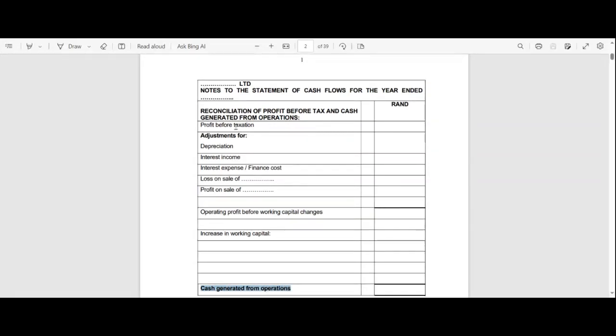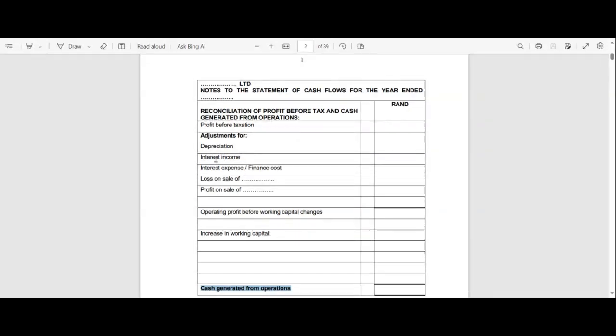So, ladies and gentlemen, as we said earlier, we are going to start with the profit before tax, which is a figure that comes from our statement of comprehensive income, and it was derived by using the accrual basis or accrual system. And then we've got to take out those income items and expense items that do not relate to operations. So here we can see, what are we going to adjust for?